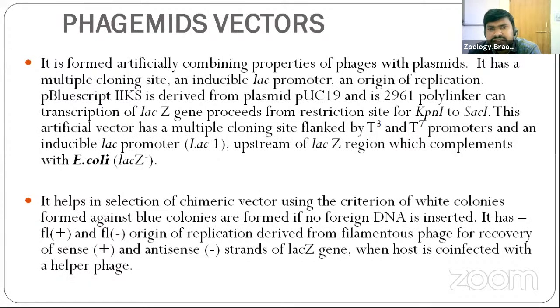And phagemid vectors, also very, very important. It is formed by artificially combining properties of phages with plasmids. It has multiple cloning sites and includes inducible lac promoters and origins of replication. pBluescript II KS is derived from the plasmid pUC19.